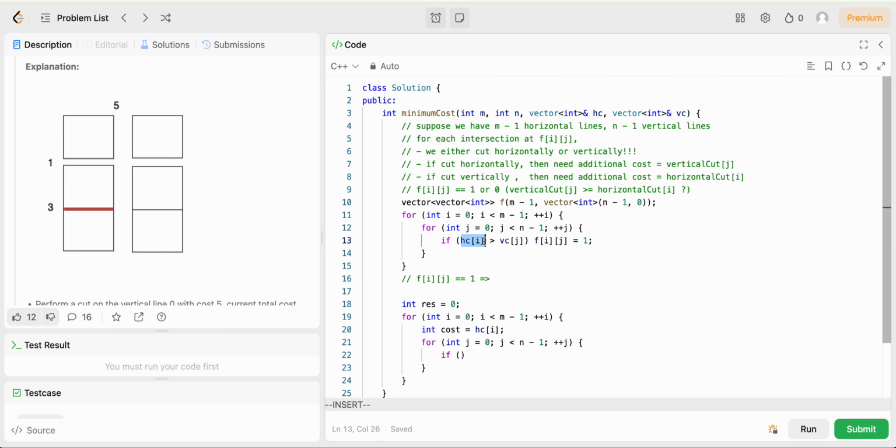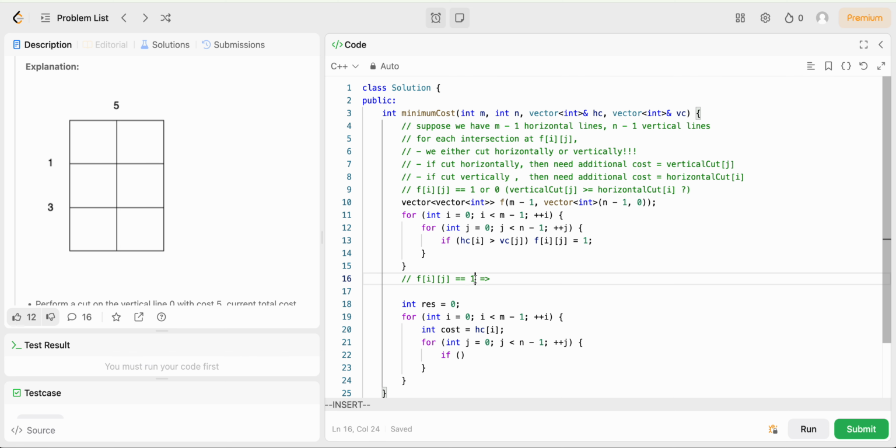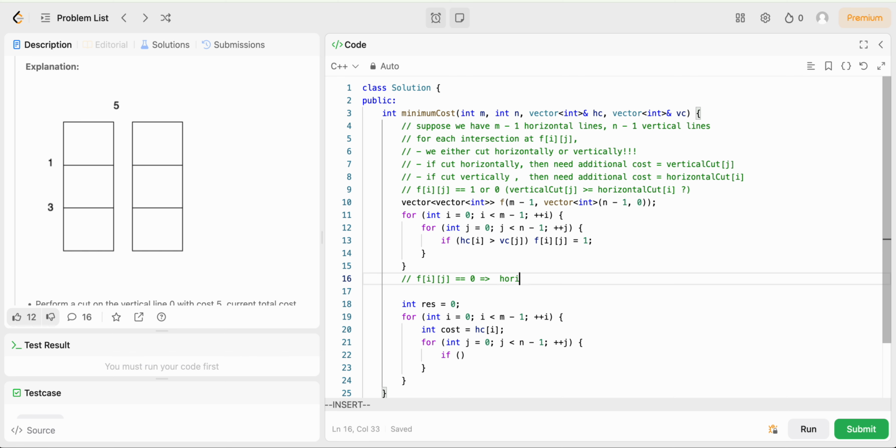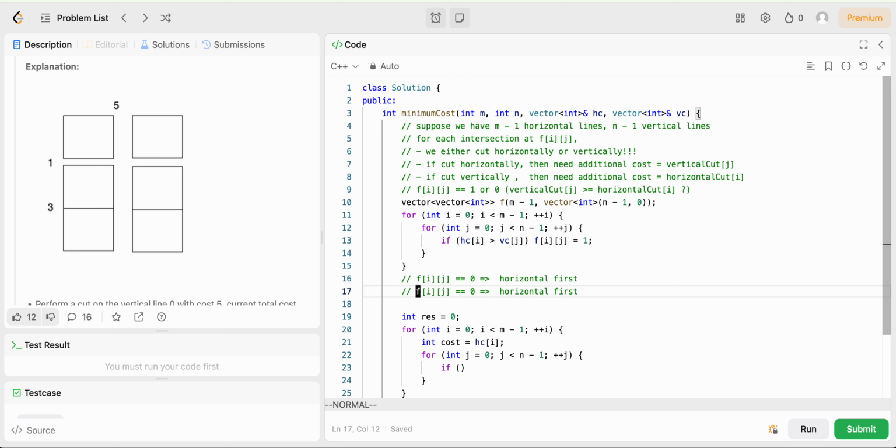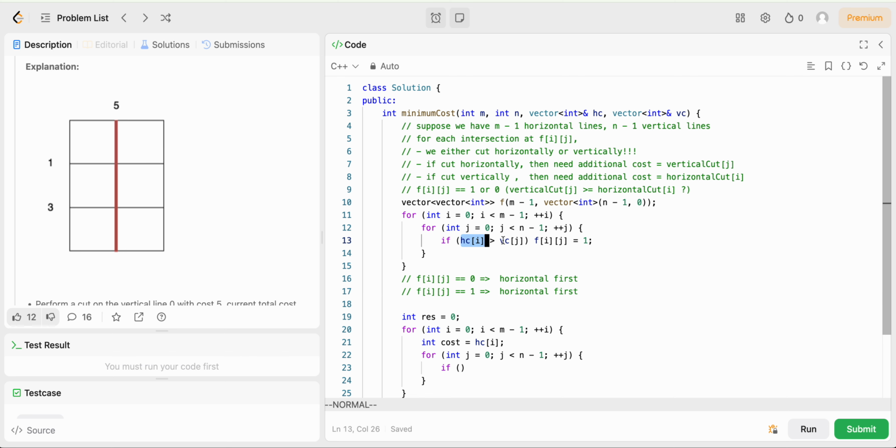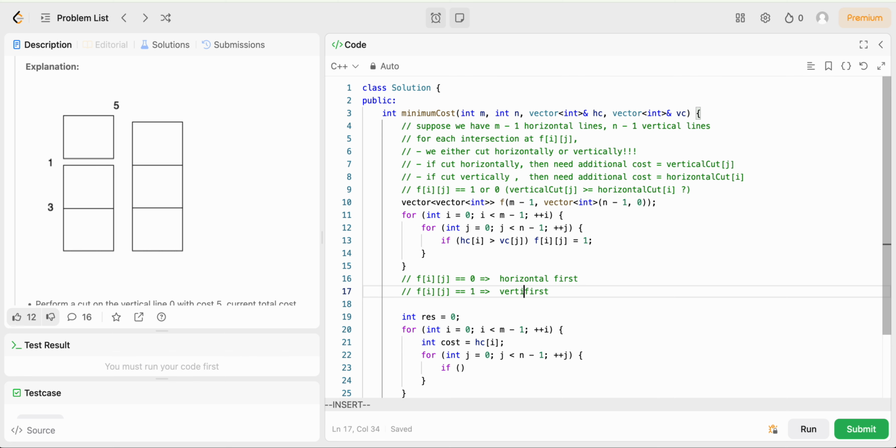If horizontal is greater, if it is 0, then horizontal first, right? And if it is 1, it means the horizontal cost is greater than the vertical cost, so it is vertical first.